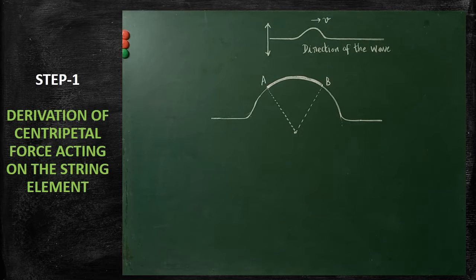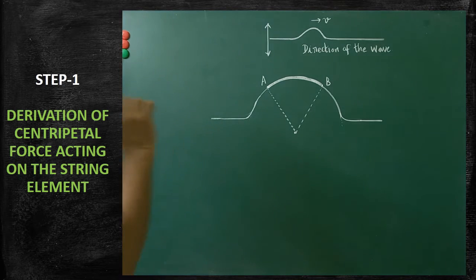In this presentation, I am going to teach you how to find out the velocity of the transverse waves when the transverse waves travel in a string. In the case of stringed instruments, when the string is vibrated, hammered, or bowed with the help of a bow, transverse waves travel through the string.